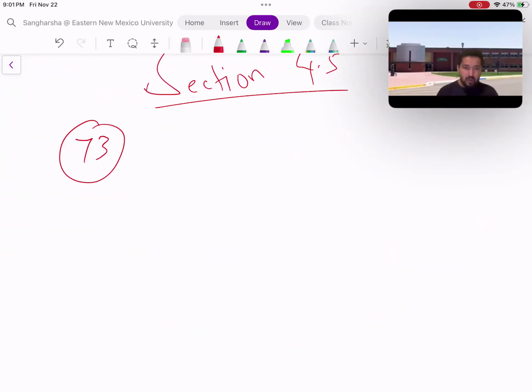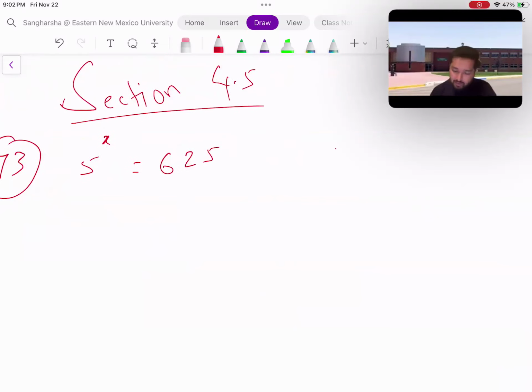So here in 73, we have 5 to the power x equals 625, and we are asked to solve this equation. This is our exponential equation, and there are two methods. Whenever you have an exponential equation, the very first thing you try is to make the same base on both sides.